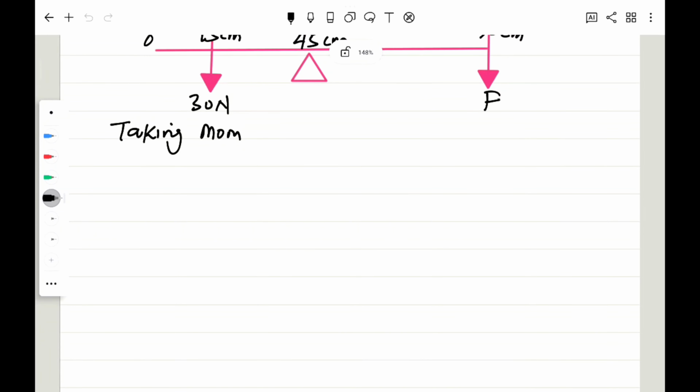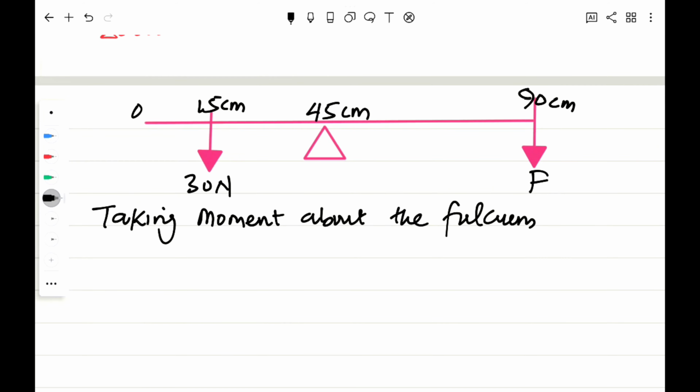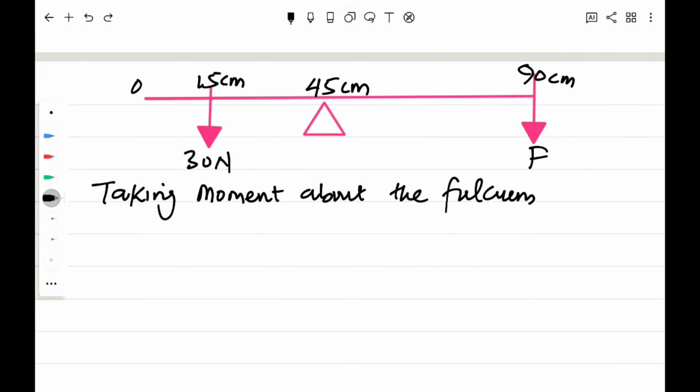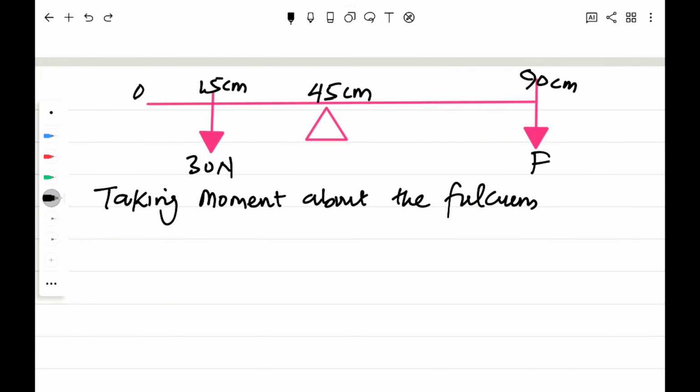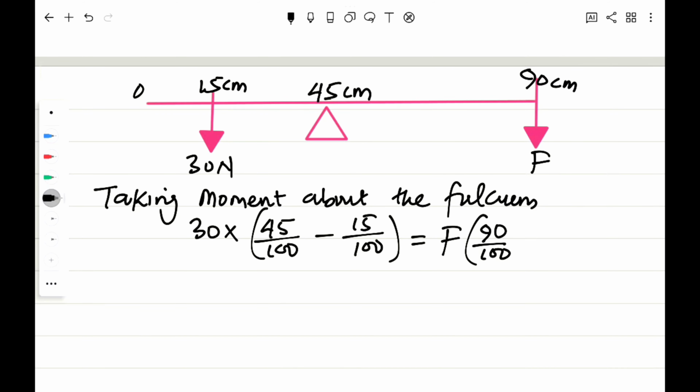So taking the moment of force about the fulcrum, which is the equilibrium position, you will now have force times distance is equal to force times distance. The sum of anti-clockwise moments is equal to the sum of clockwise moments. Are we here? So 30, which is the force, multiplied by the distance, 45 divided by 100 minus 15 divided by 100, is equal to the force multiplied by the distance, 90 divided by 100 minus 45 divided by 100.